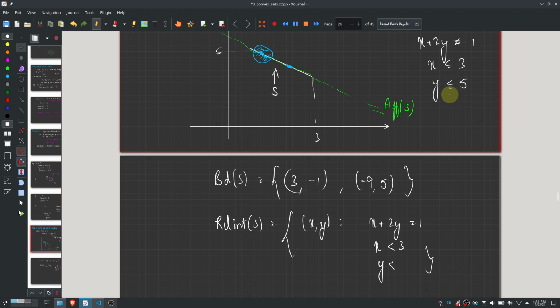Correct. That would be equivalent, right? Because this constraint takes care of that. So all I need to have is x less than 3 and y strictly less than 5. Right?